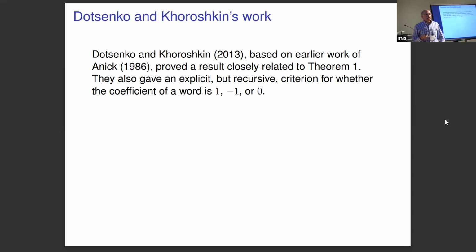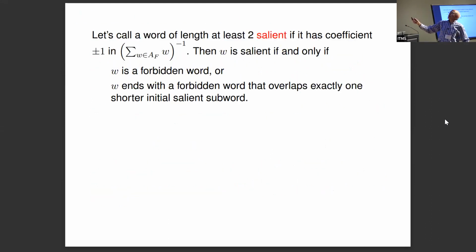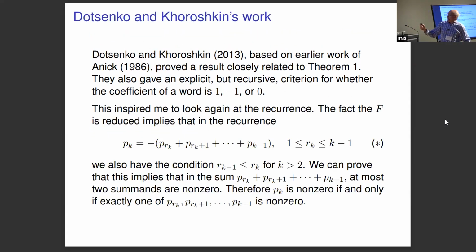I have to say, well, I'll say that later. Okay, so I looked again at the recurrence, and the fact that in this recurrence the terms are always 0, 1, or -1 is true no matter what the R_k are, as long as R_k is between 1 and k-1.